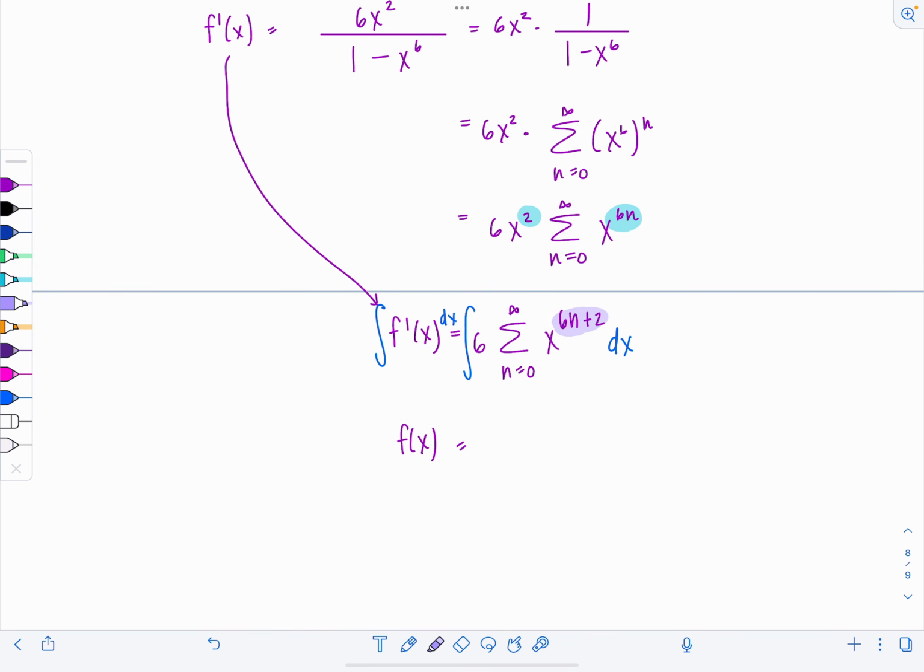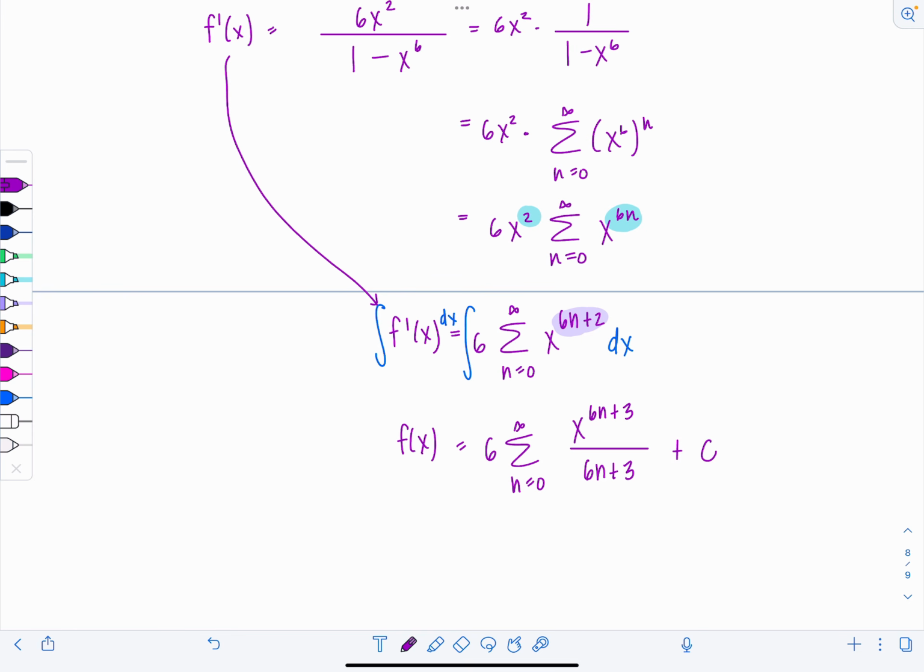Just add 1 to the exponent, divide by the new exponent, leave everything else alone. 6 times the sum, n equals 0 to infinity. Add 1, it's going to be x to the 6n plus 3 divided by 6n plus 3 plus c. Yeah, don't forget the plus c.